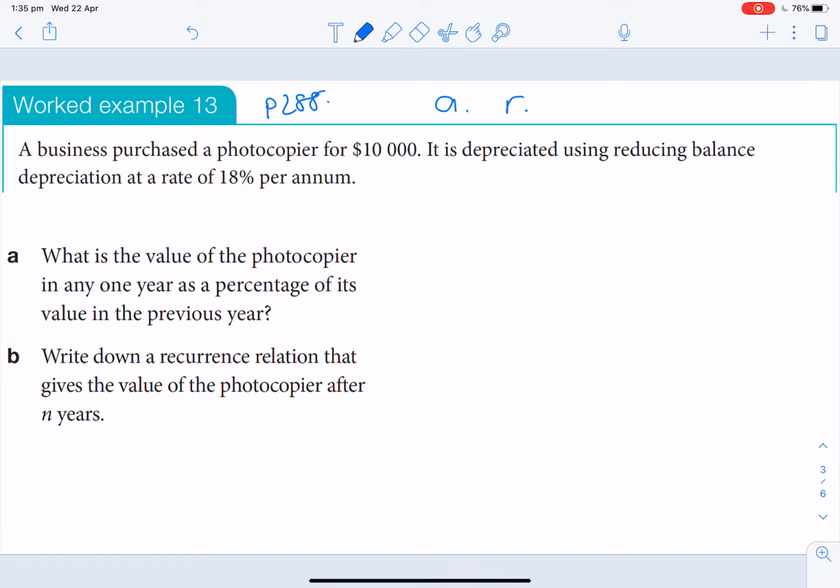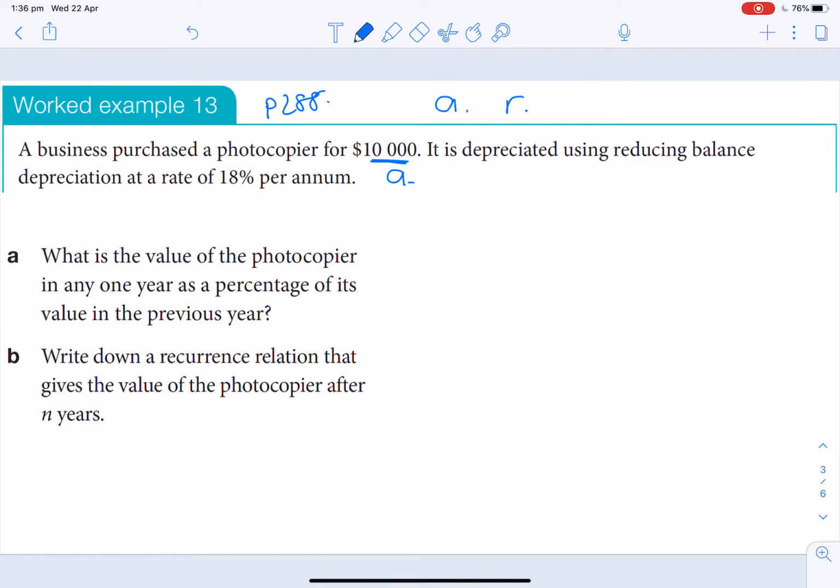This really isn't too dissimilar. Our purchase price is my A.